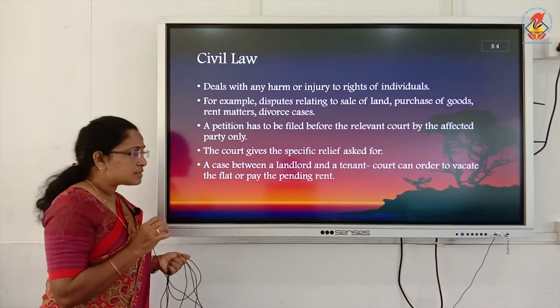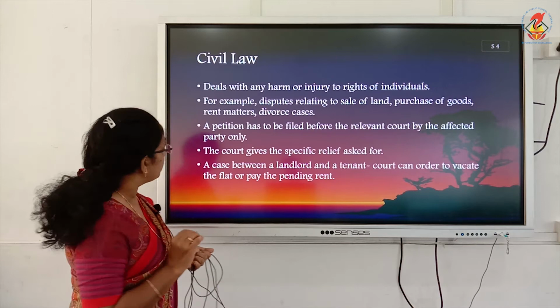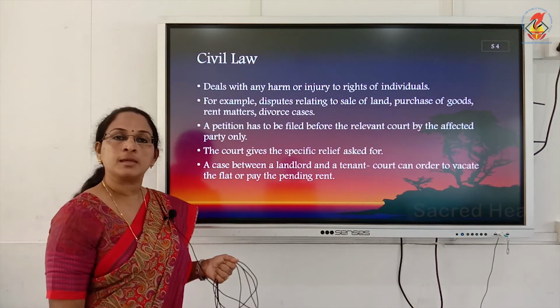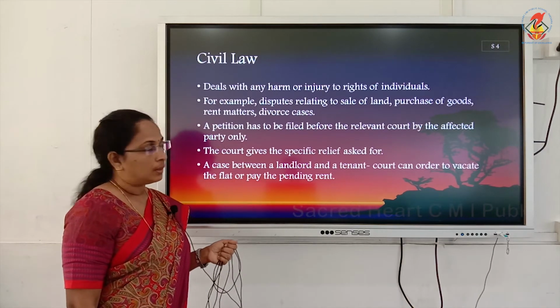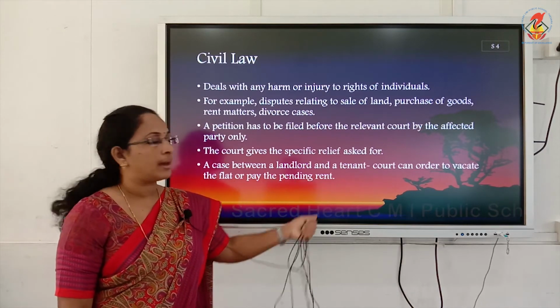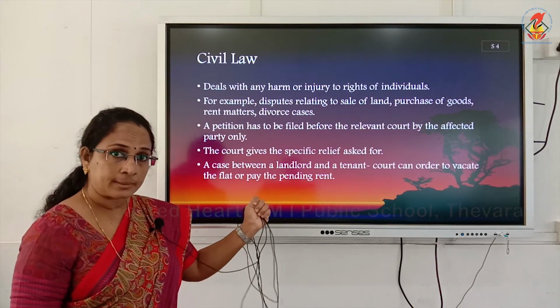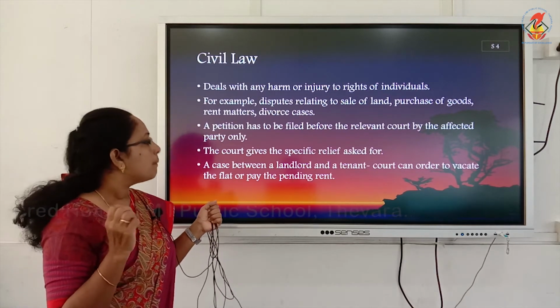The court gives the specific relief asked for. For example, in a case between landlord and tenant, the court can order either to vacate the flat or to pay the pending rent.